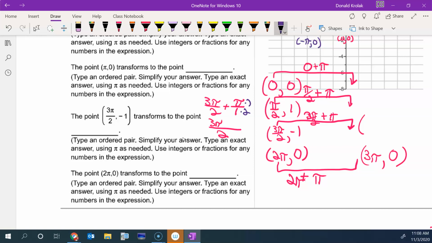It's got to get multiplied by 2. This one's going to be 5 pi over 2. Okay, now I got to add pi to pi over 2. So that one's going to be 3 pi over 2. Those are all my new points.